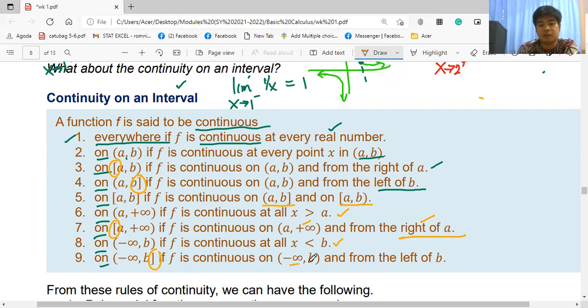You can prove that it is continuous on all numbers less than B but also from the left of B.